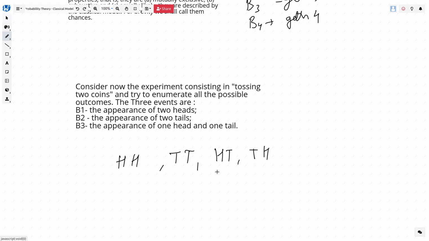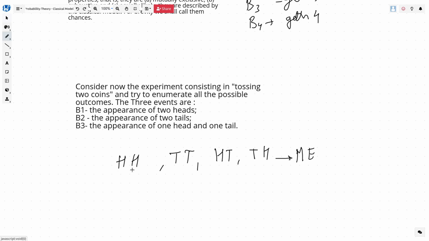If we look at it, these are mutually exclusive because the appearance of two heads and two tails cannot happen together. The appearance of head-tail and two heads cannot happen together. The appearance of tail-head and two tails cannot happen together. So these are basically mutually exclusive, ME. Now let's find whether they are exhaustive.